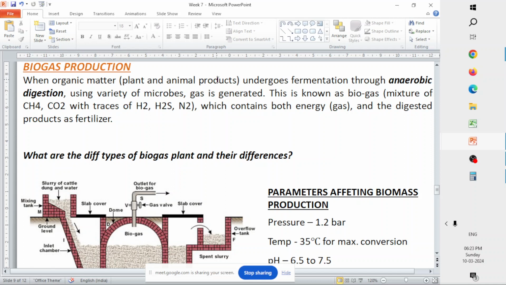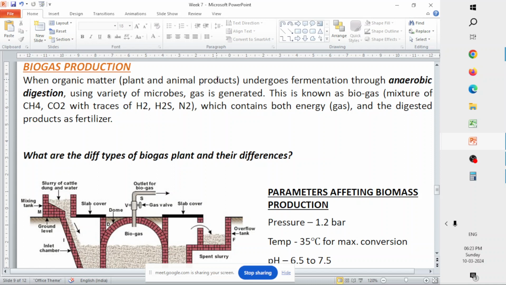In terms of operation, one is the batch type and the other is the continuous type. In a batch type, first you feed the sample, it undergoes digestion, and the gas is released. Once this entire process is completed, you go for the next cycle of feeding the digester with your biomass or slurry.